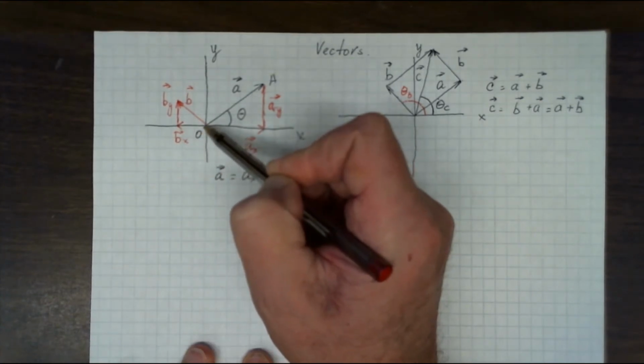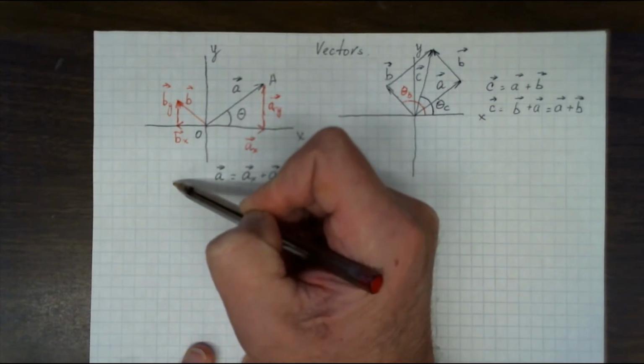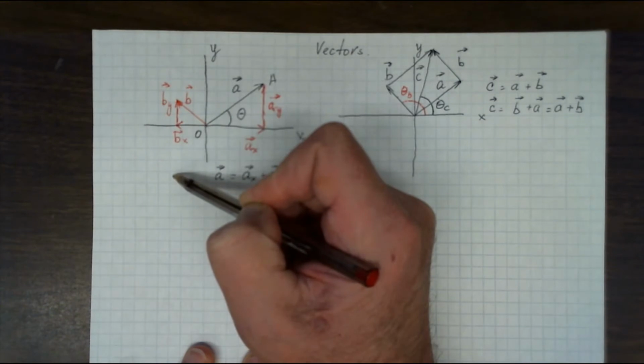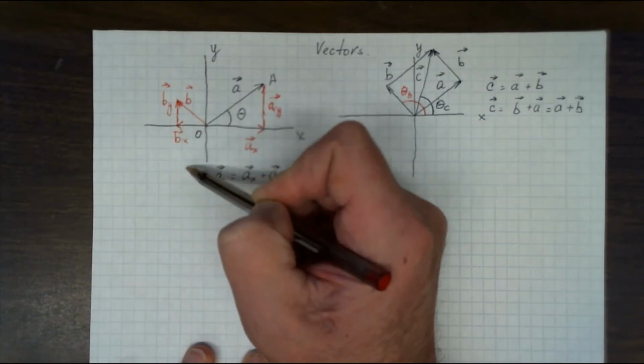And if I sketch a vector in the third quadrant, I need to walk negative along both x and y directions.